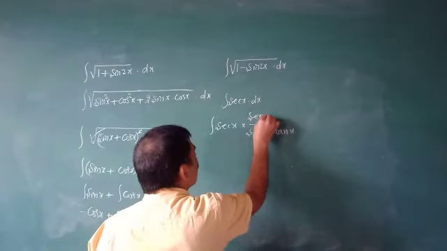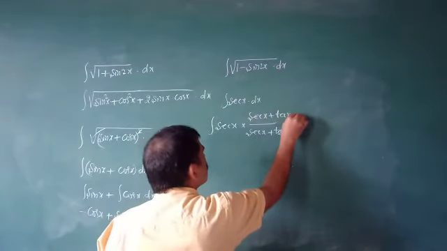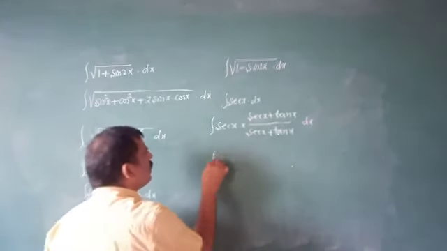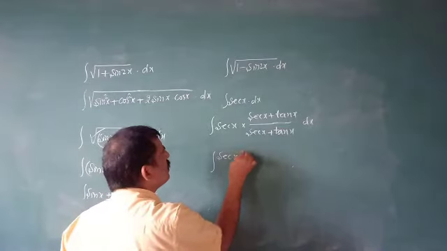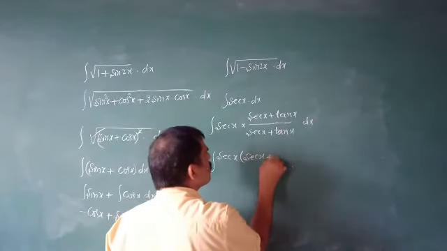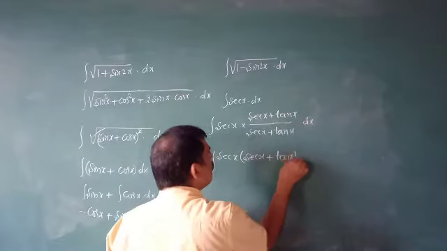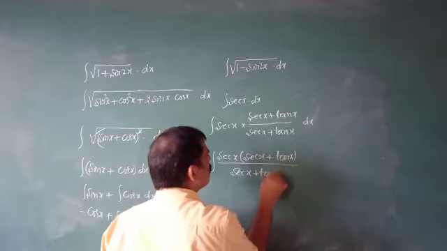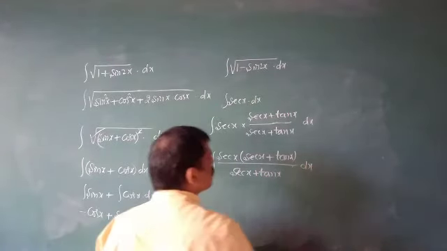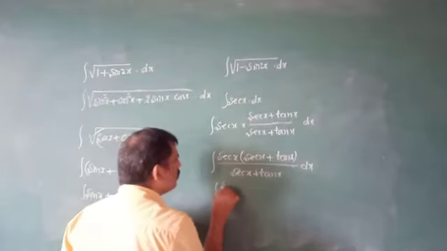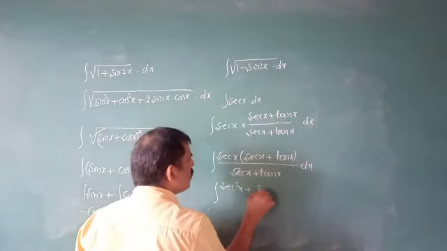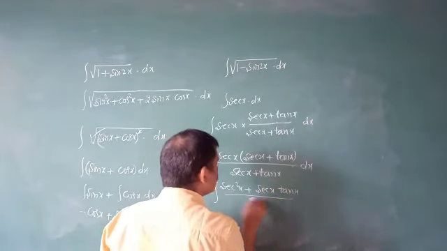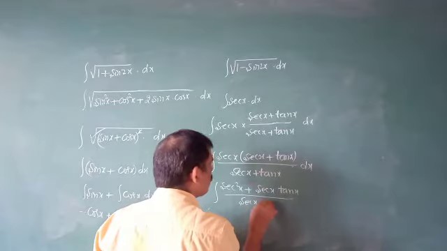So it is integrate of secant x into secant x plus tan x divided by secant x plus tan x with respect to x, which is integrate of secant square x plus secant x into tan x divided by secant x plus tan x.